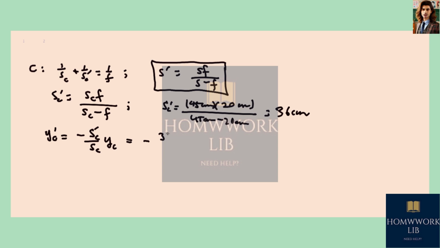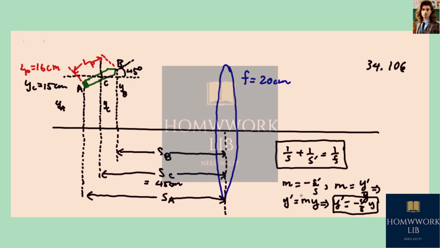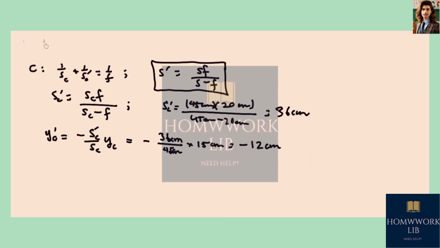That's minus 36 centimeters divided by 45 centimeters times 15 centimeters. And that is minus 12. Okay, so that means the image is 36 centimeters to the right of the lens and 12 centimeters below the optic axis. So that point will be over here somewhere.